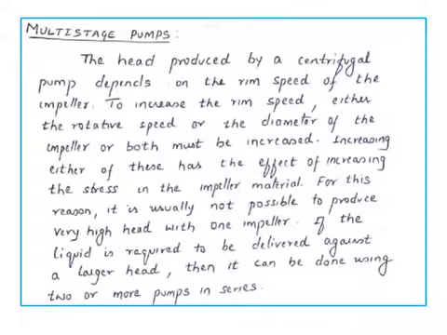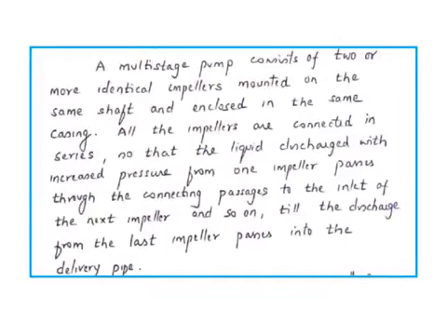Therefore, if you want to deliver some quantity of liquid against a very high head, you have to go for a multi-stage pump. Then we can go for two or more impellers connected in series. Multi-stage pumps generally consist of two or more identical impellers mounted on the same shaft and enclosed in the same casing.